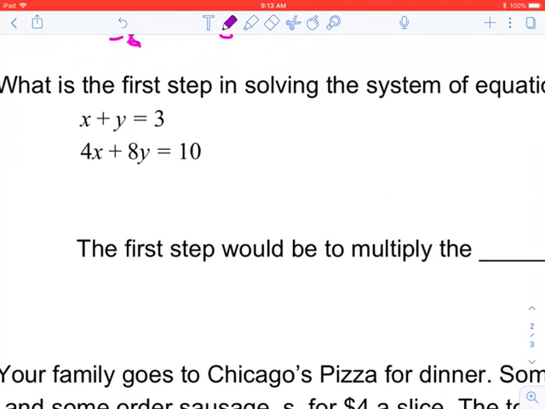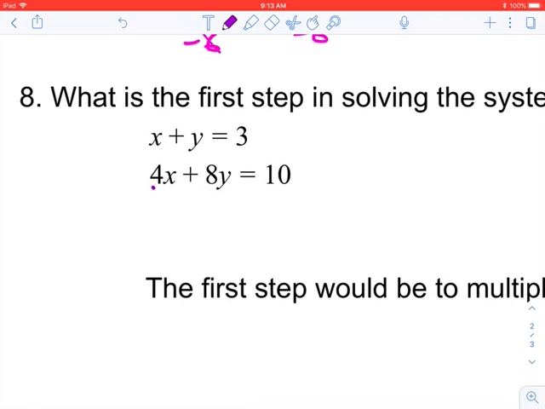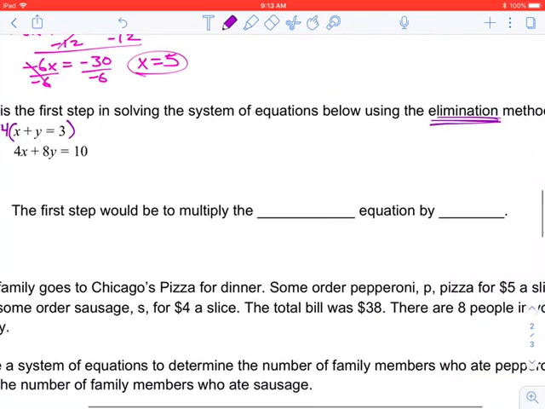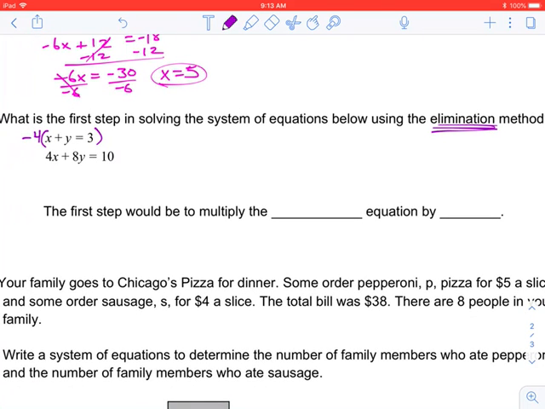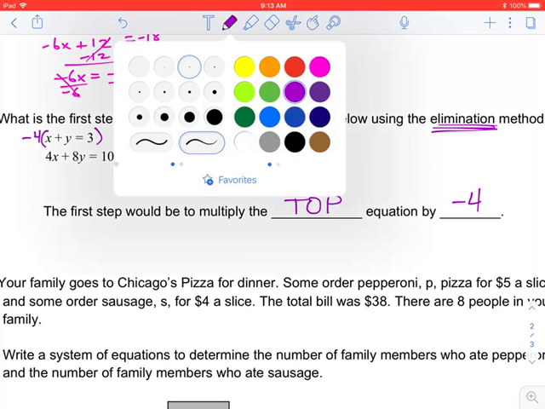In this case, I would want to make x or y opposites, so I'm probably going to multiply by negative 4 to make those cancel. Okay, so fill in the blank. First step would be to multiply the top equation, or first equation, by negative 4. And it doesn't say to solve, it just says what's the first step. So that's all.